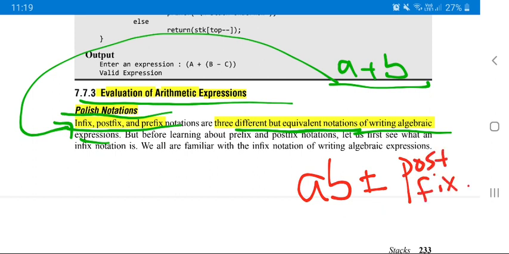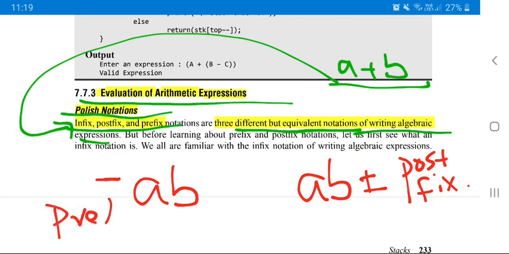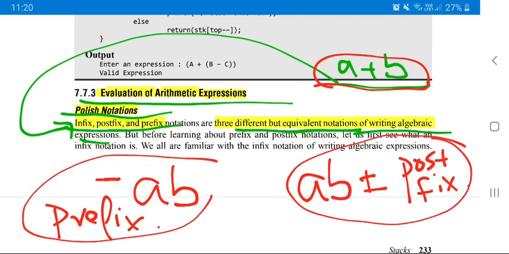And if you write the operands a and b and the operator before them, this is called a prefix expression. So three types of notations are here: infix, postfix and prefix. These are three different but equivalent notations for writing an algebraic expression.